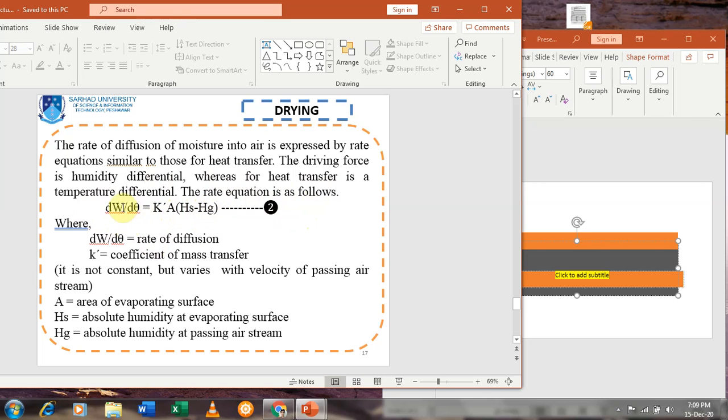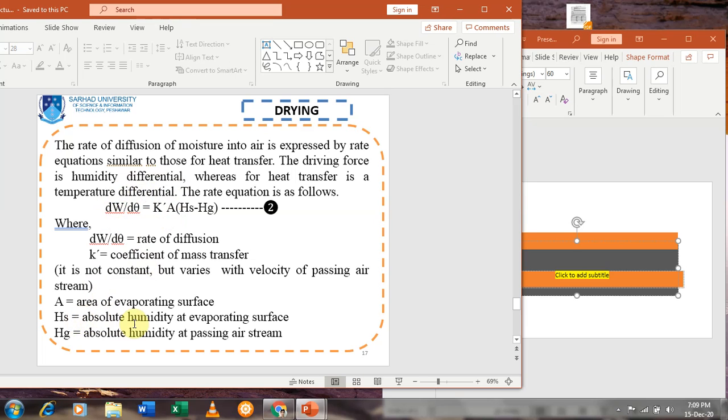In this case, dw by d theta is the representation for the rate of diffusion, and k dot is the coefficient of mass transfer, which is not a constant value but varies with the velocity of the passing stream. A is the area of the operating surface; the more the area, the more will be the rate of diffusion, that is the rate of mass transfer.